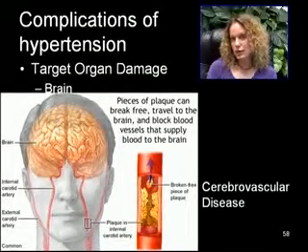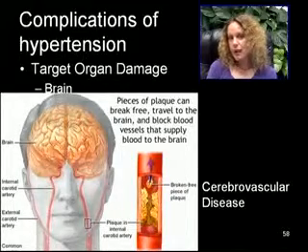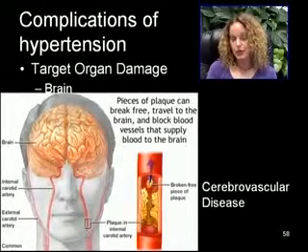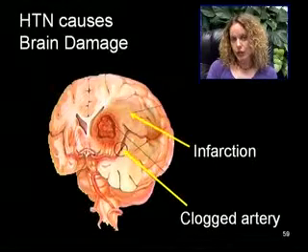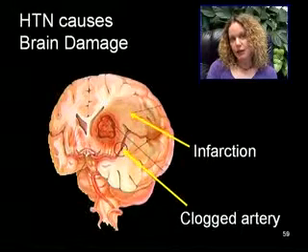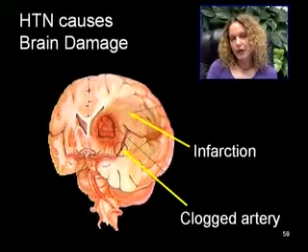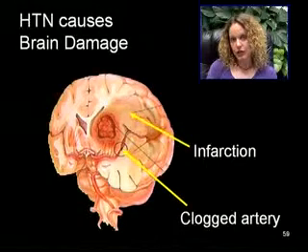If a piece of this plaque breaks free and travels into the brain, it can block vessels that supply blood to the brain. We call this infarction. In this picture you can see the clogged artery, and above that you can see the area where the infarction has occurred.